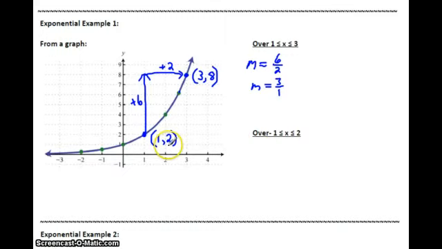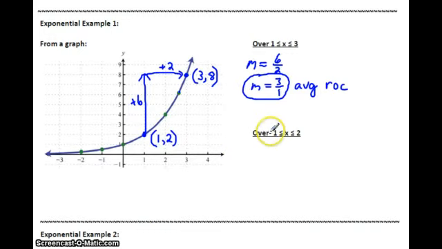The slope from 1 to 2 is up 2 over 1, so it's only 2, but then it's a little bit steeper, and then much steeper. If you average all those together, my average rate of change is 3. So when you're finding the average rate of change of an exponential function, you're finding the slope of the line segment that connects those 2 points.